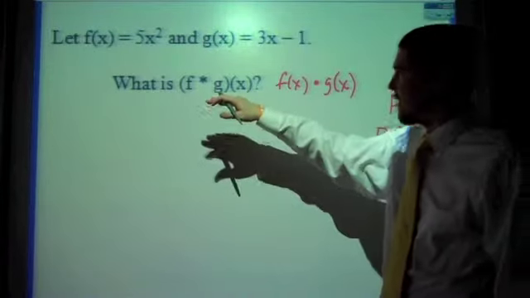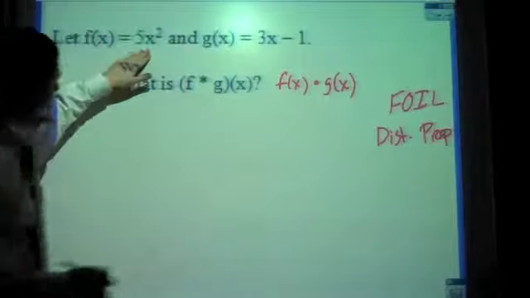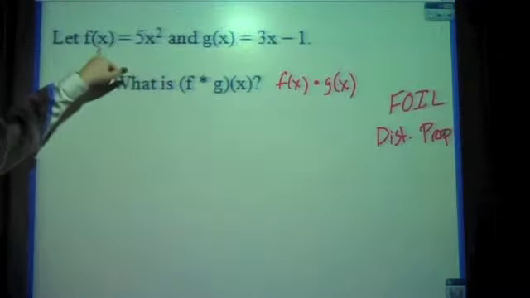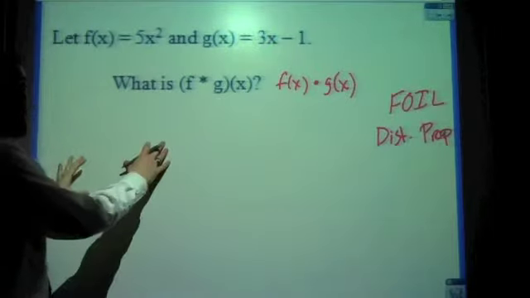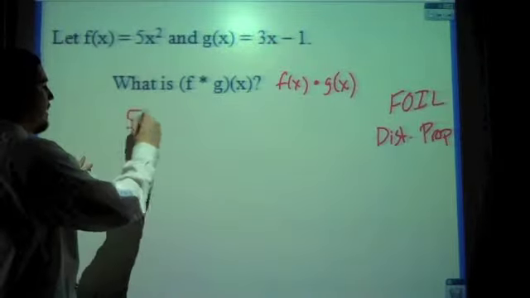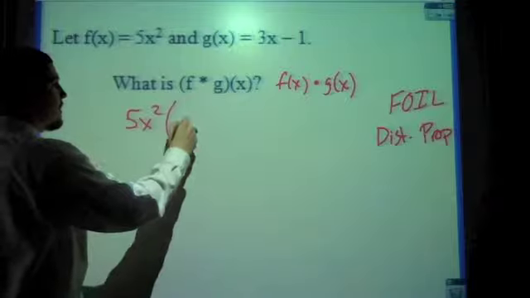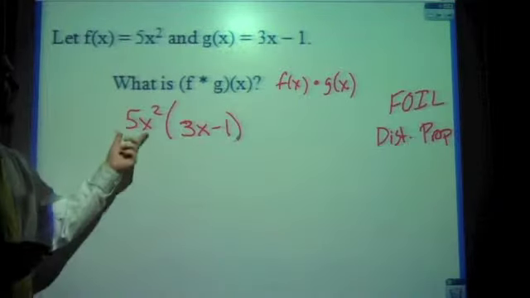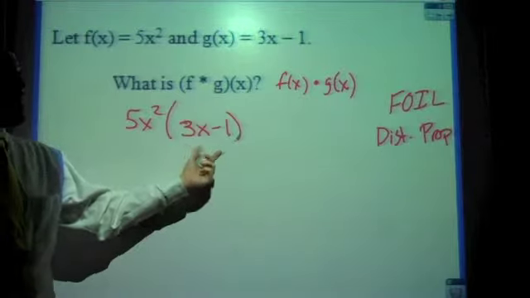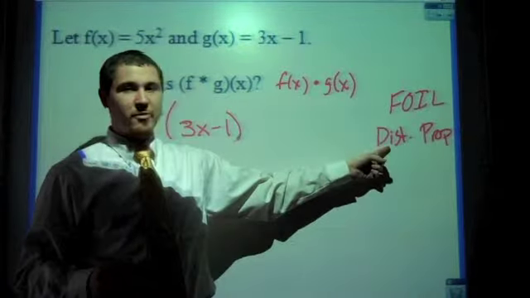So let's look at our example here. We've got 5x to the second, f of x, times 3x minus 1, g of x. So just come down here and write it as a multiplication problem. We've got 5x squared times 3x minus 1. So I noticed that it's not a binomial times a binomial, so I'm not going to use FOIL. I'm going to have to use the distributive property.